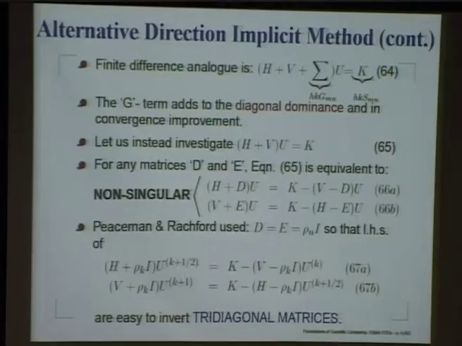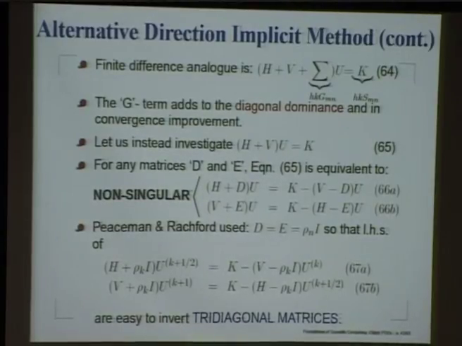Then I said we are actually doing this. So, if I have a solution at the kth level, solving 66A is equivalent to solving this. So, I get a half step solution which I am calling k plus half. Okay. Having obtained that k plus half solution, I go to the next half cycle.